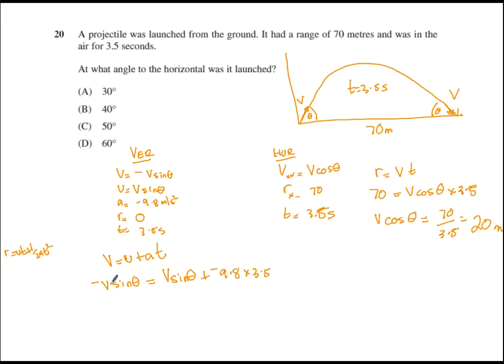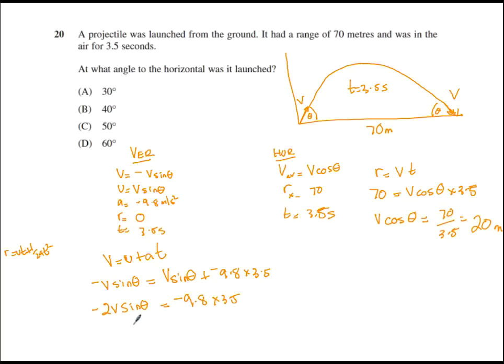If I rearrange that, I get 2 negative v sine theta equals negative 9.8 times 3.5.